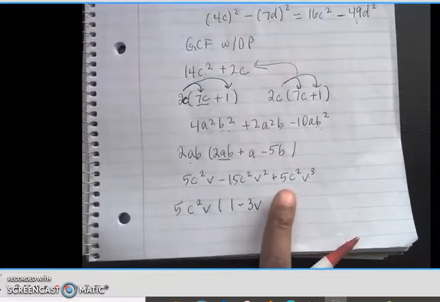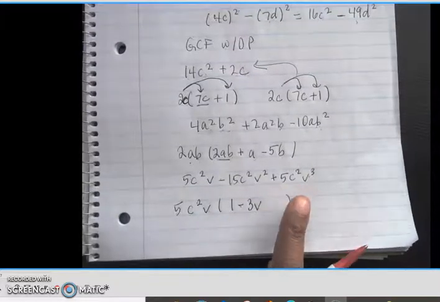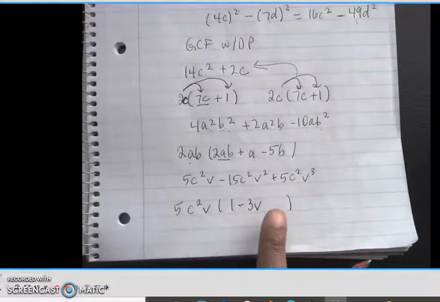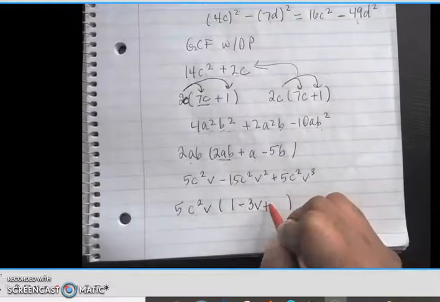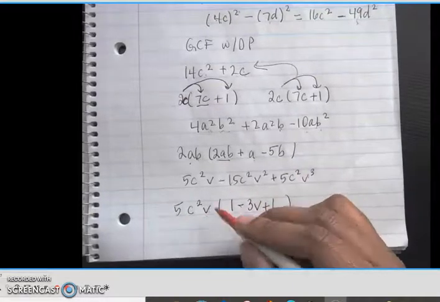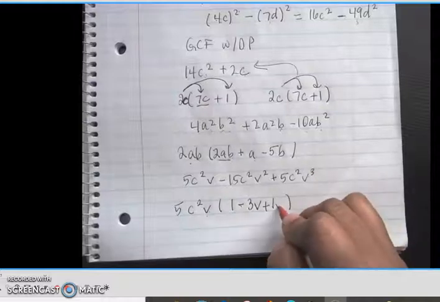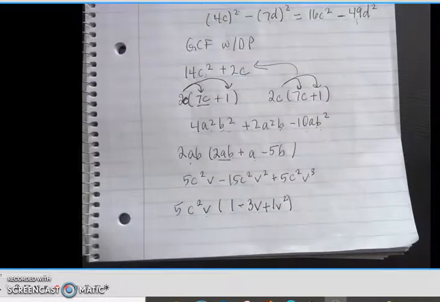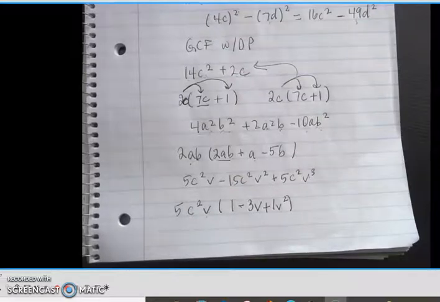And then this one has 2 c's and 3 v's, so the c's are good. 5 times 1 is 5, so now I'm going to put a plus 1. This has 1 v, this one has 2 v's, so that's the answer. And there you go. So again, that is factoring with GCF and the distributive property.